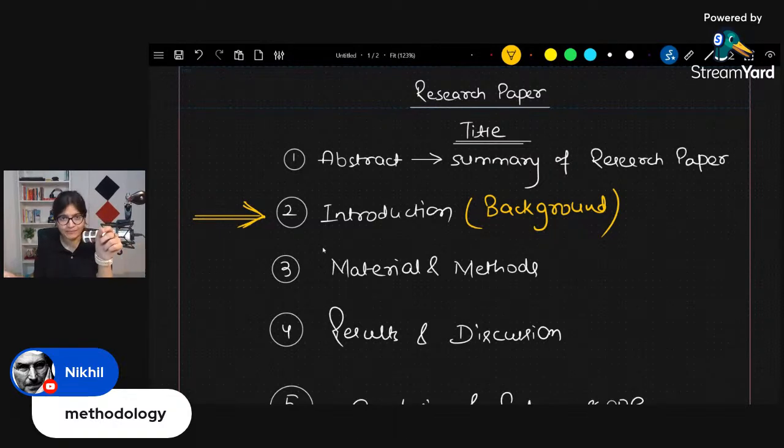At that point of time, in 2019, in 2020, that was famous because that was a disease which was there, right? But maybe after 10 years, the new generation will not be aware about what COVID-19 is. So basically, you have to talk about the background, from where you're coming up.